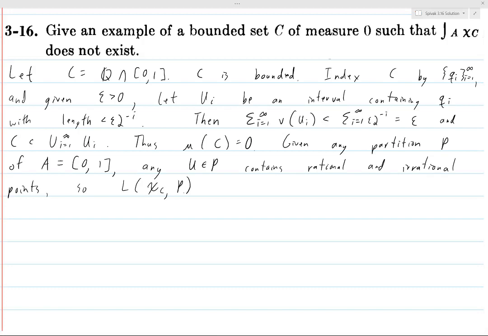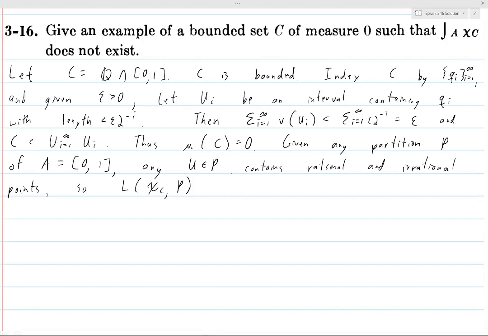We know that any set in this partition contains an irrational point, and that irrational point is not in C, because C contains only rational points. And so there's a point in this set where the function chi c takes on the value 0.